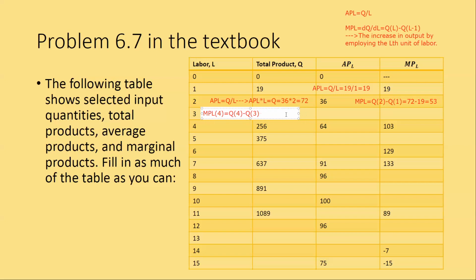If we rearrange this formula, the total output we can produce by employing 3 units of labor is the difference between Q4 and MPL4. And we can find both Q4 and MPL4 in the following row.